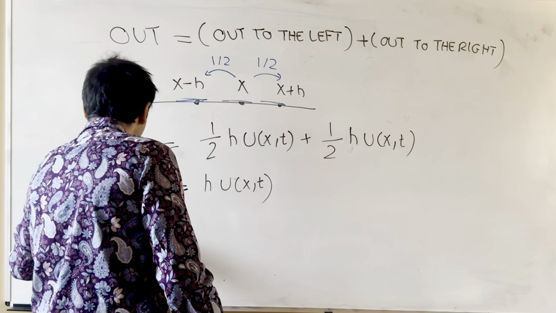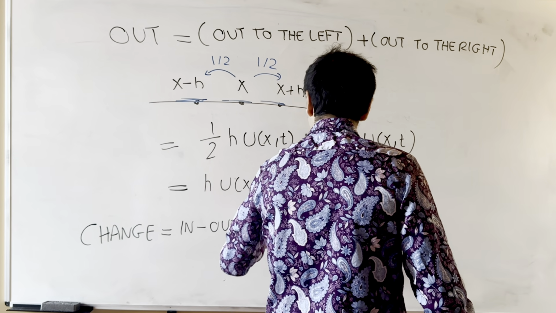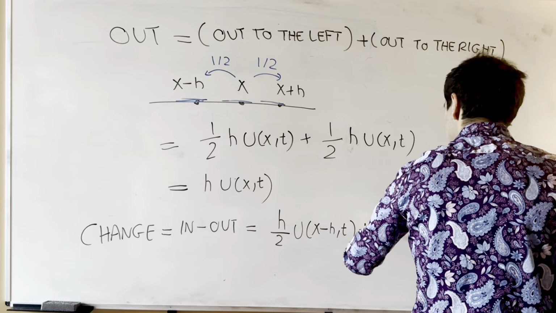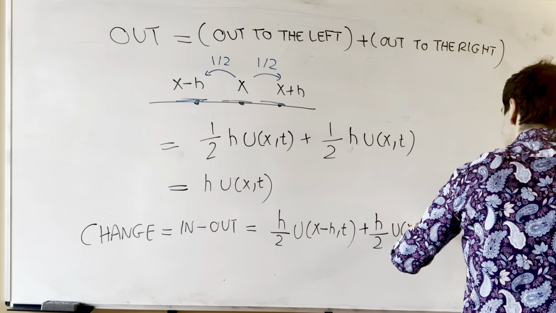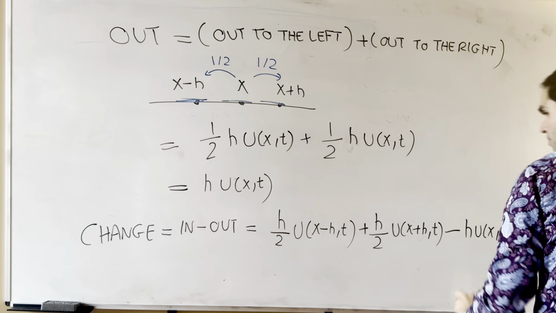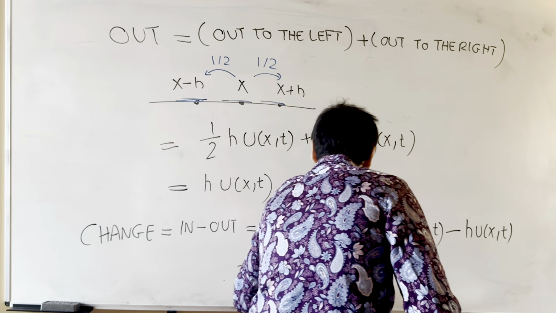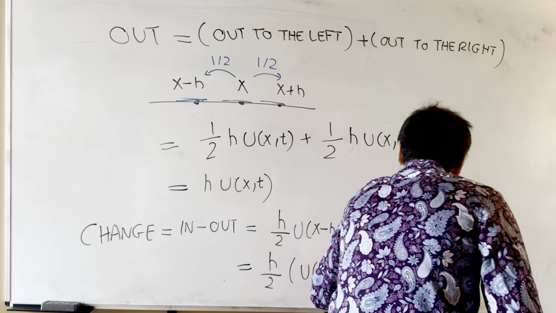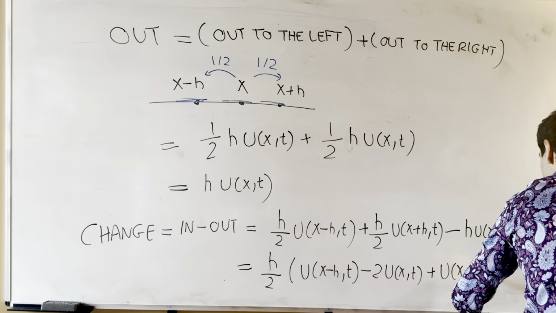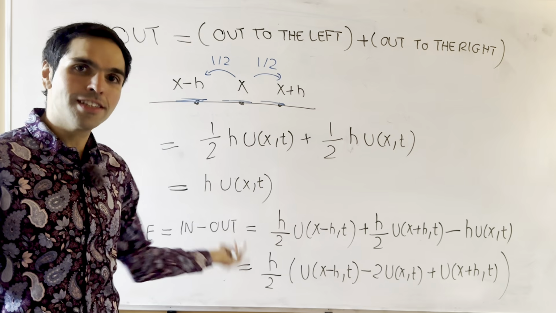If you combine both things, change is in minus out, which once again was H over 2 u of X minus H, T plus H over 2 u of X plus H comma T, and then minus out, so u of X, T. Which, if you want, you can combine into H over 2 times u of X minus H, T minus 2 u of X, T plus u of X plus H comma T. Very good. So this is sometimes called the spatial change.